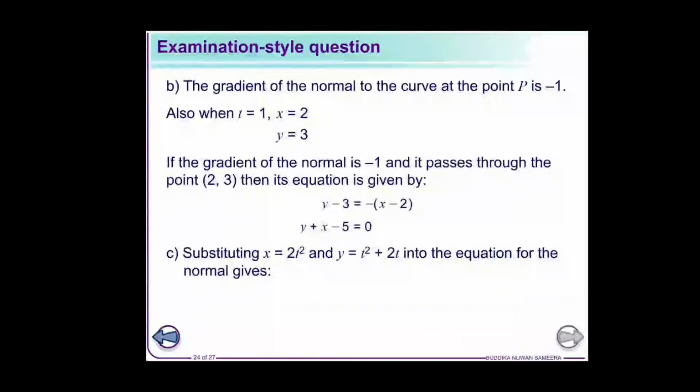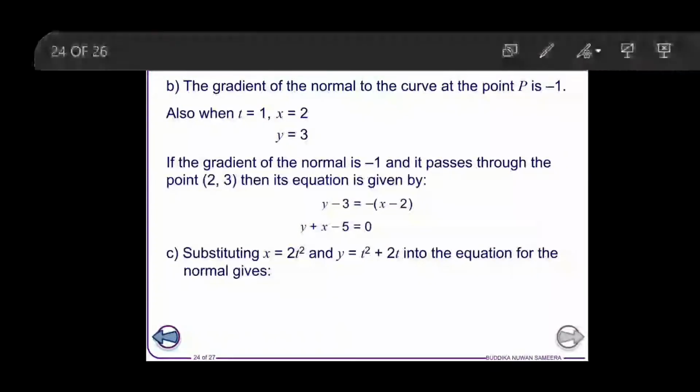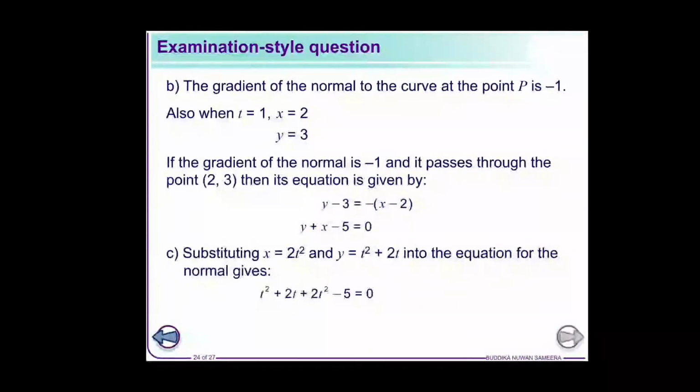Therefore, I'm going to substitute the equation of the curve into the normal. So when you substitute, t squared plus 2t plus t squared minus 5 equals 0. Then after that you can simplify that equation, that is 3t squared plus 2t minus 5 equals 0.